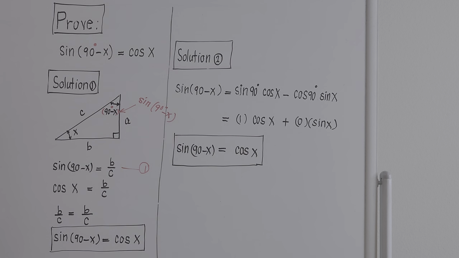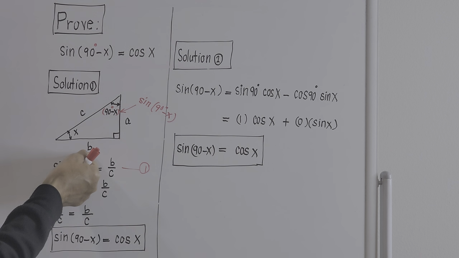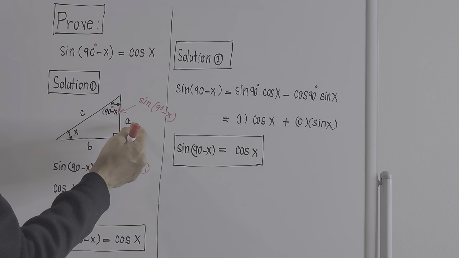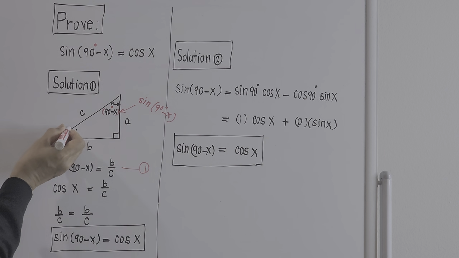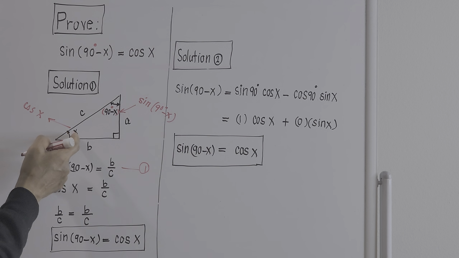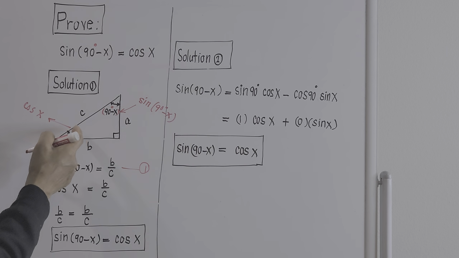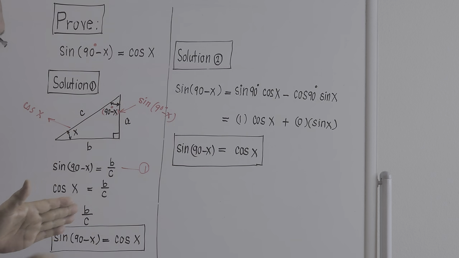Considering angle x, side b here should be its adjacent side, and side a should be its opposite side. If we take the cosine of angle x, by definition cosine is adjacent over hypotenuse.